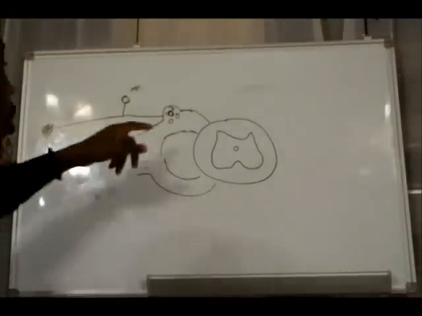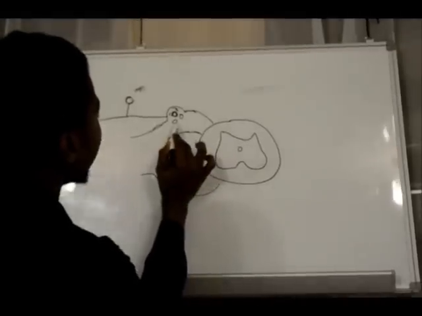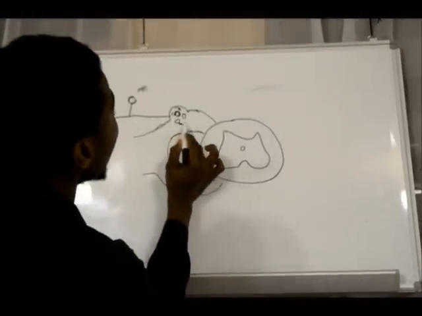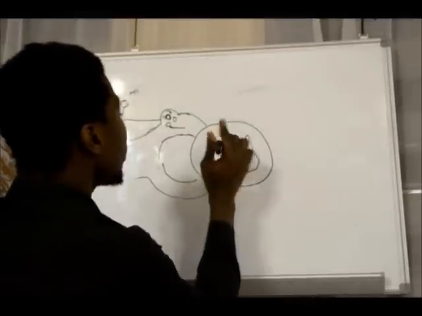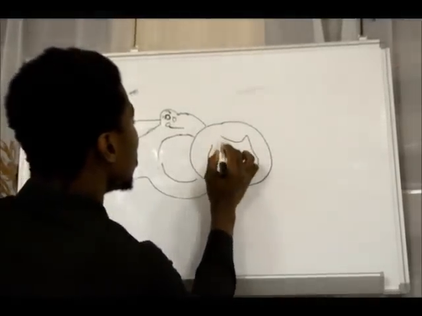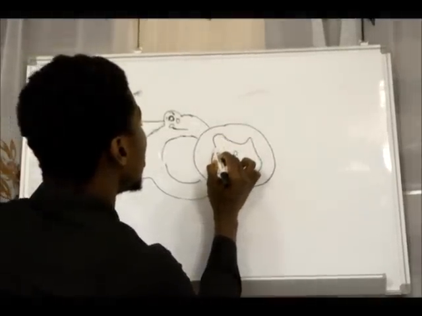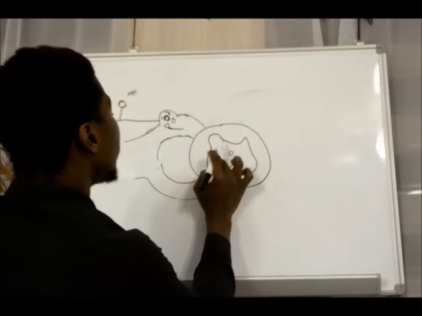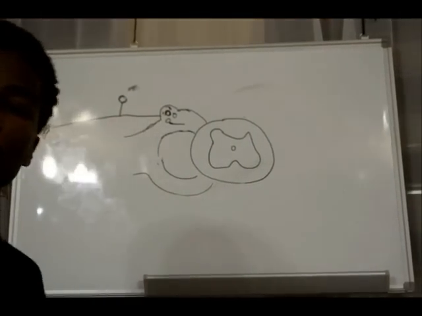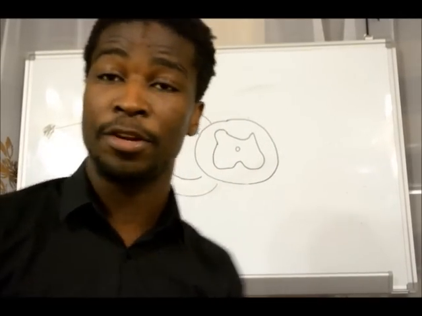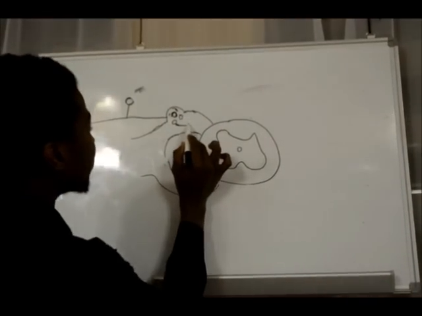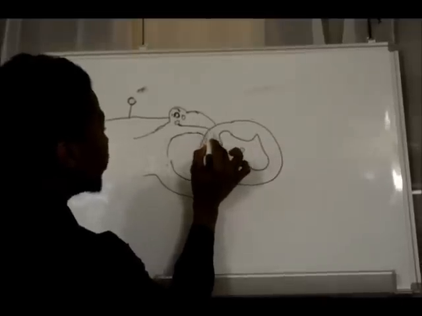So let's say this is the cell body, and the central process of one pseudounipolar neuron, of one pain nerve, right?